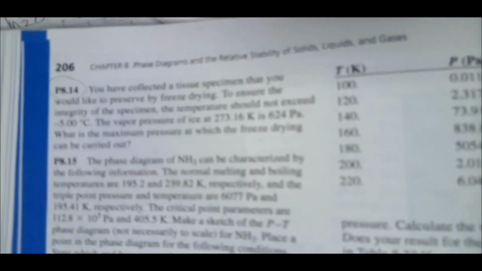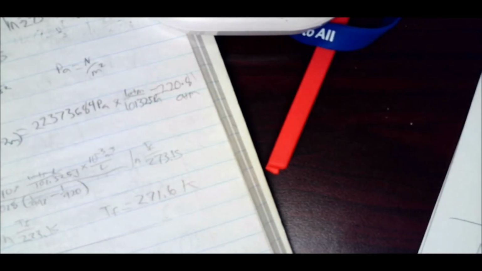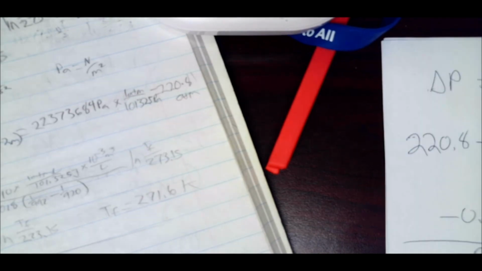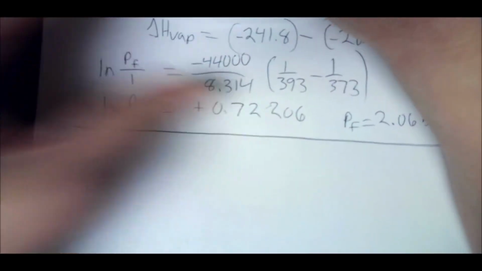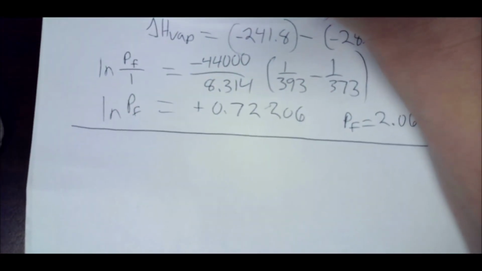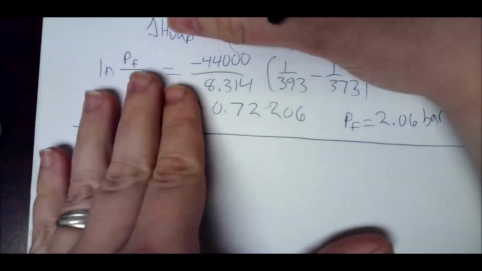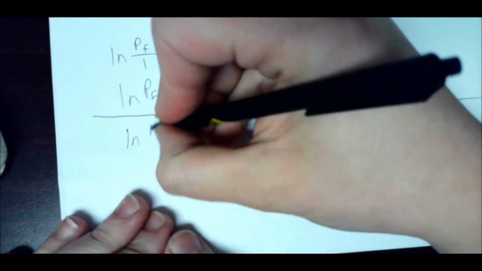So similar problem. The idea here for freeze drying is sublimation, so it's just a different version of the Clausius-Clapeyron.